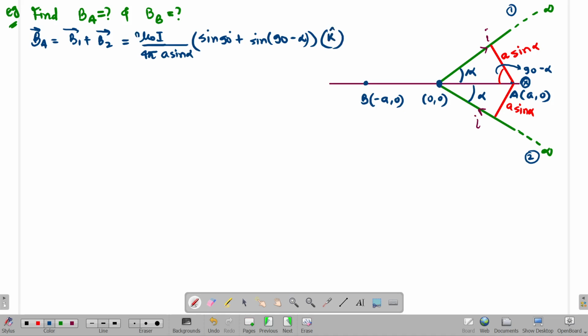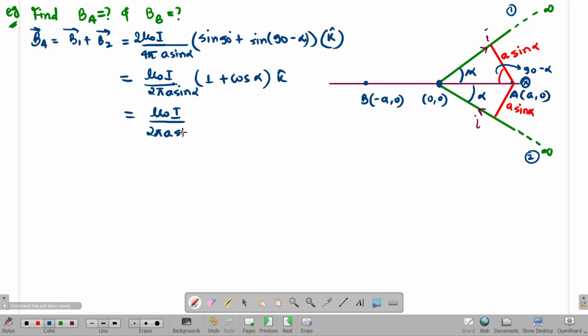And then multiplying this by 2 because both of them are at the same distance and the same angles are there. So the answer is mu naught I by 2 pi A sine alpha, and here it is 1 plus cos alpha, K cap. 1 plus cos alpha is what? 2 cos square alpha by 2.